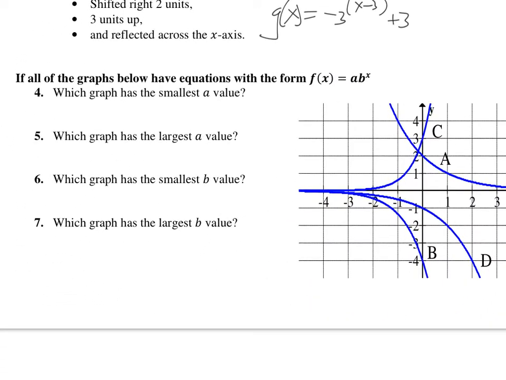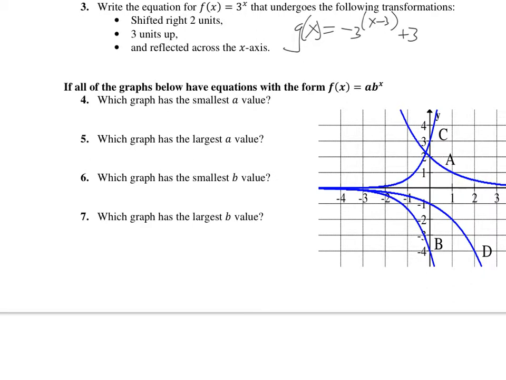Here, which one of these guys has the smallest a value? So this is just a general exponential function. Remember, the a is the initial value, and the b is the growth rate, or decay rate.